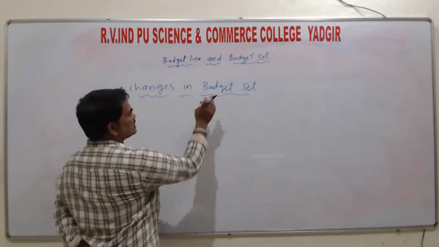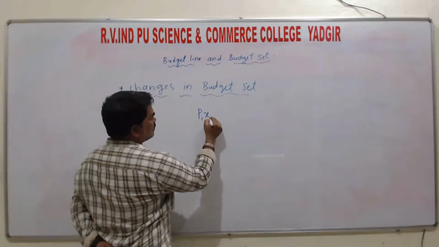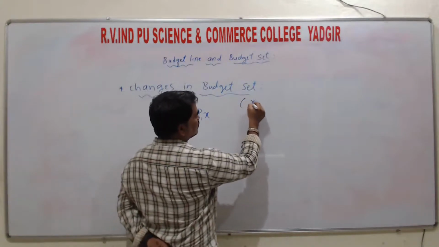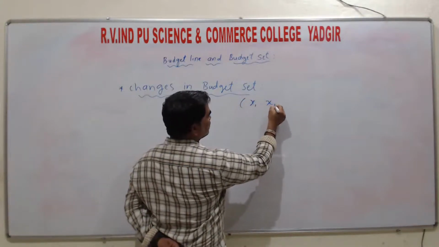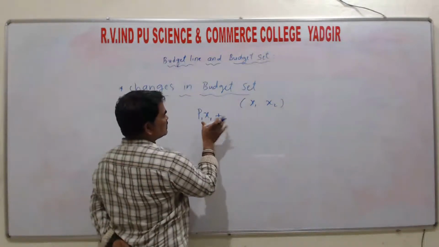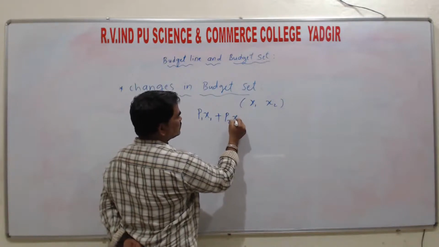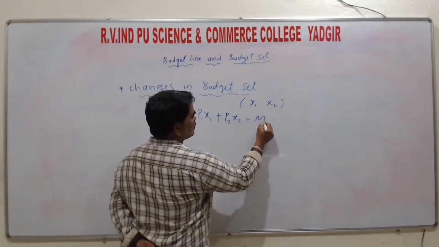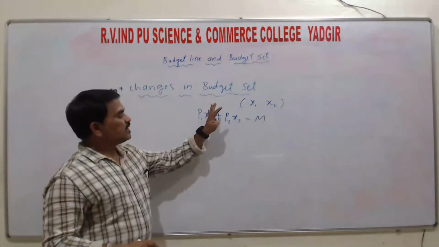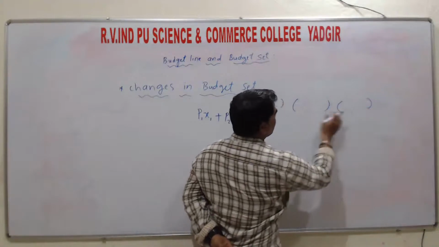What are the changes in the budget set? Budget set, as you know, this is the budget set, and we know this equation also, p1 x1 plus p2 x2 is equal to his income. So the budget set is all the bundles we have.